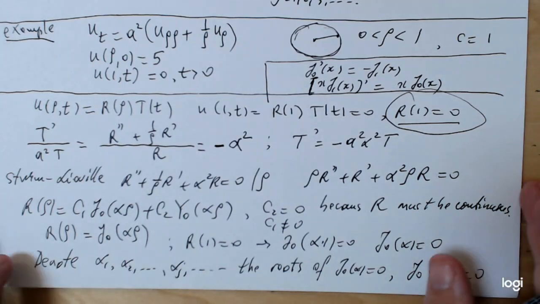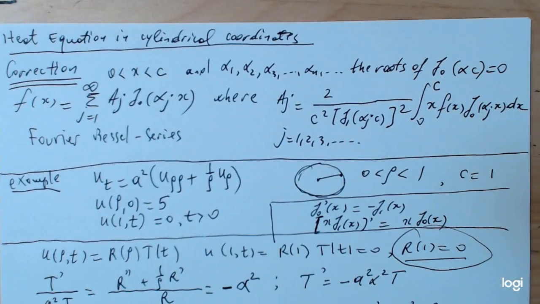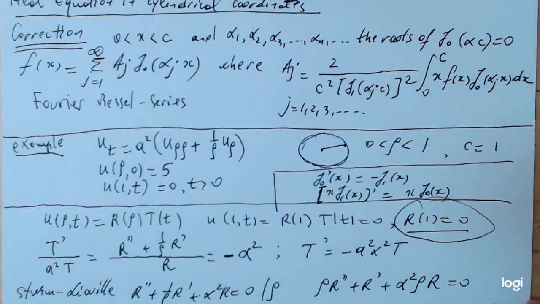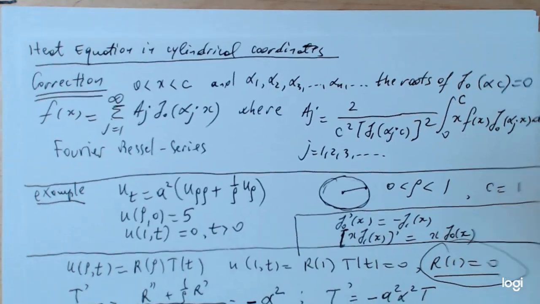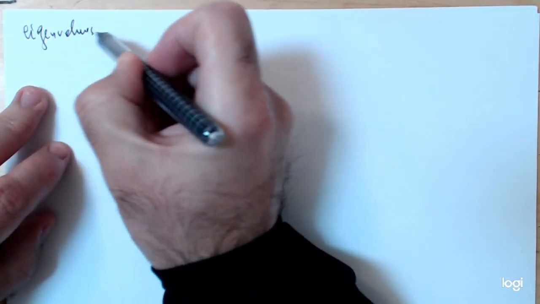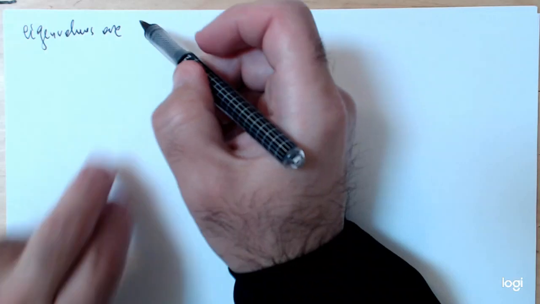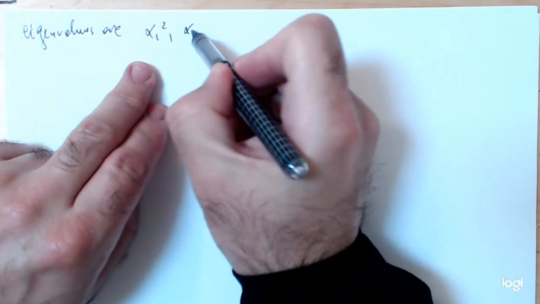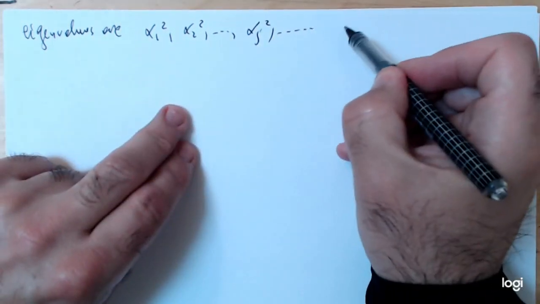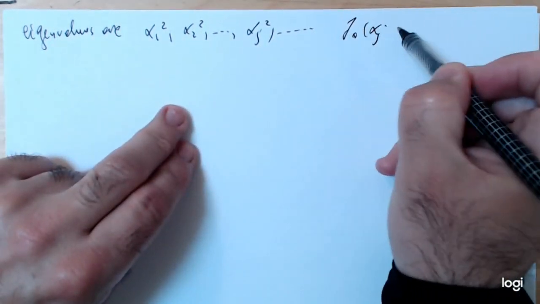These are the eigenvalues. So moving on to the next page, and make sure you pause if you want to see, or rewind if you want to see the work done so far. Let's write down here that the eigenvalues are alpha 1 squared, alpha 2 squared, alpha j squared, and so on, again with J0 of alpha j equals 0.